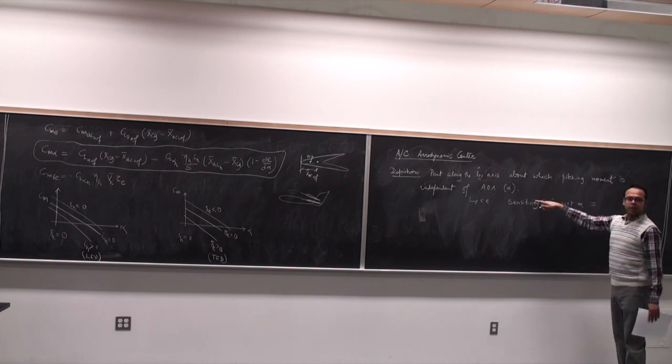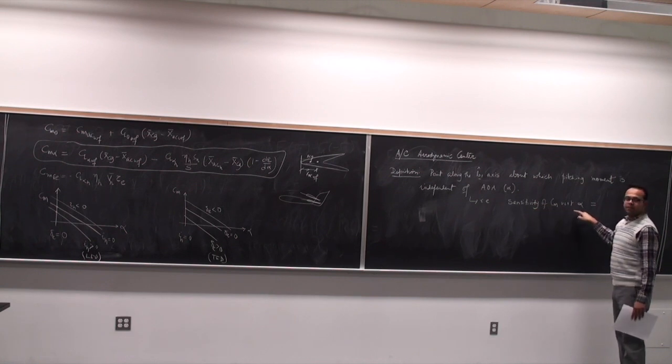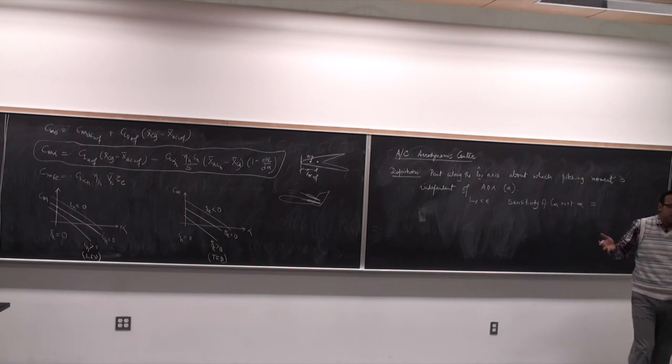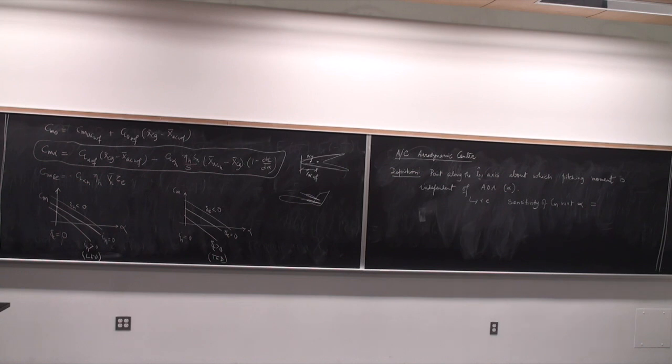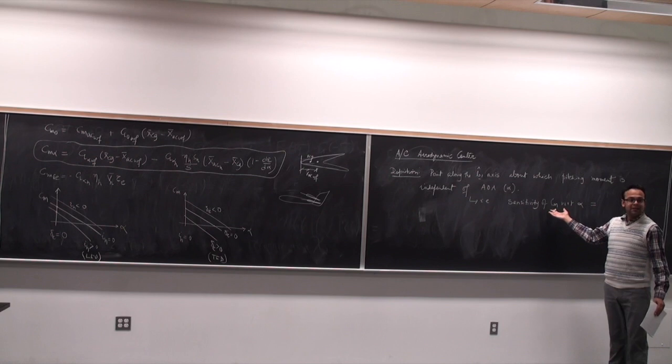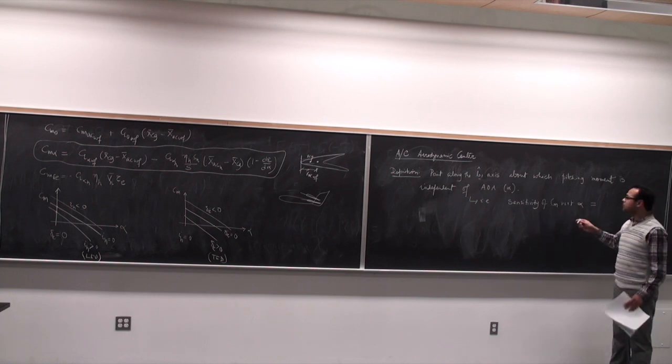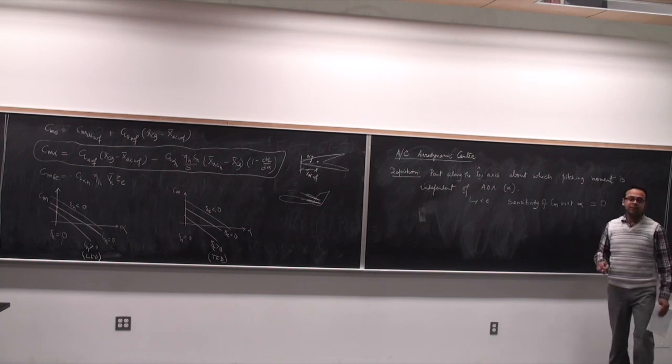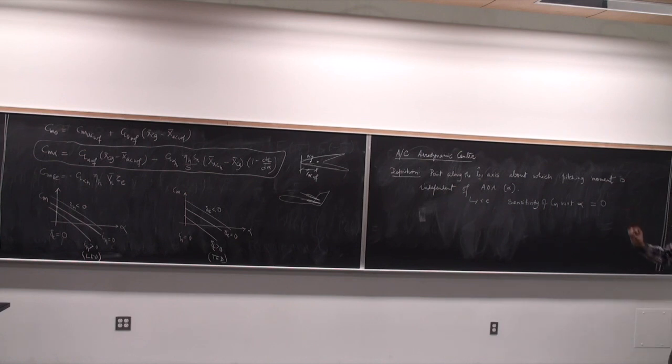Translate this to a statement about sensitivity: we are saying that the pitching moment doesn't change when angle of attack changes. So the pitching moment coefficient is insensitive, or 0. It's completely desensitized about that point.